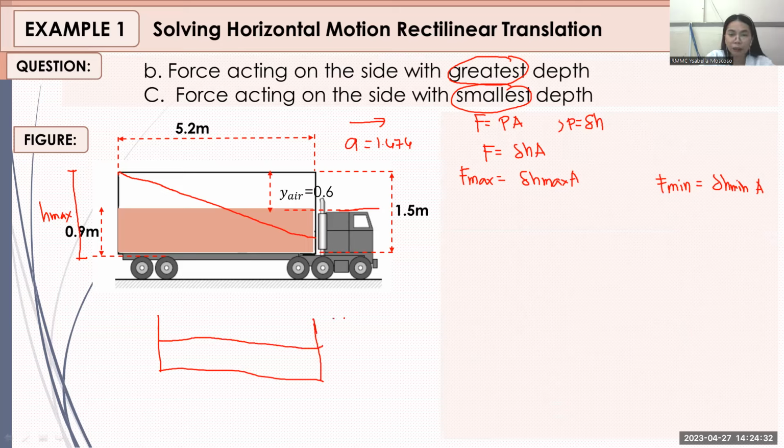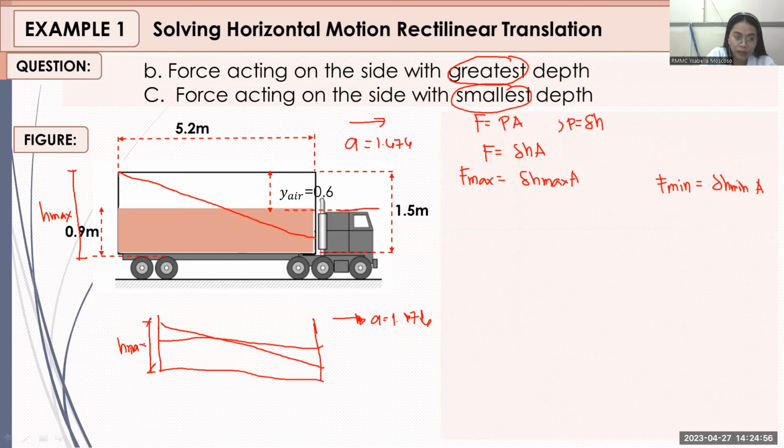Yan na nga. Tapos, because of the acceleration 1.676, okay, nag-move yung ating tubig. Pag-move ng tubig natin, naging ganito, no, nag-incline siya. Ibig sabihin, the total height ng tubig natin dito on the other side of the vessel is nadagdagan.